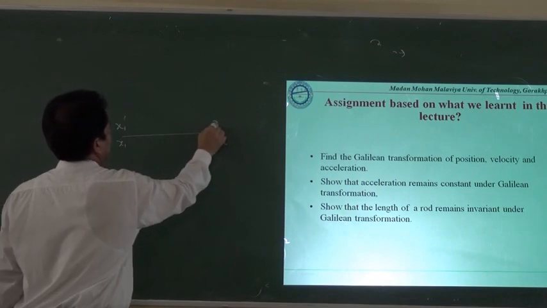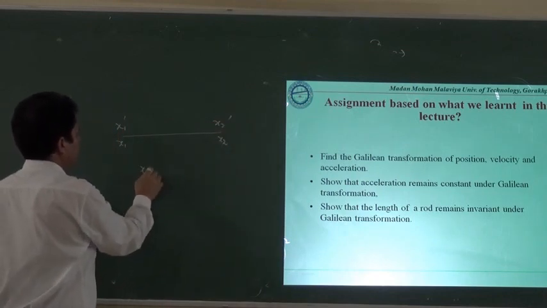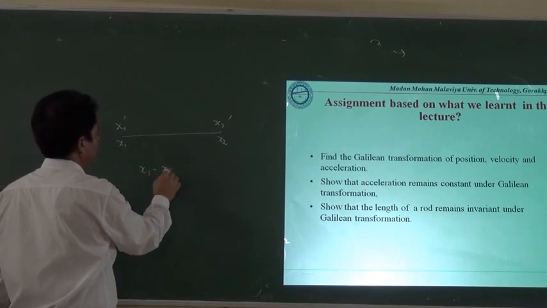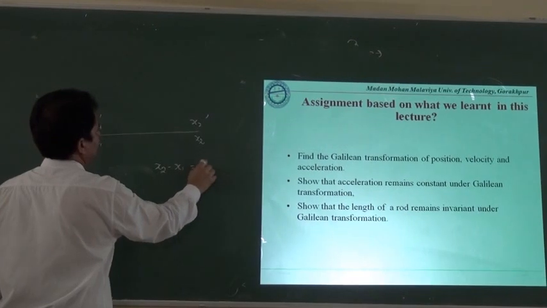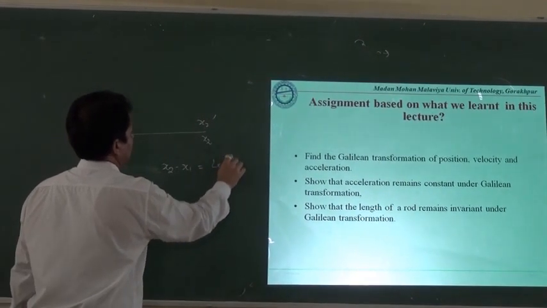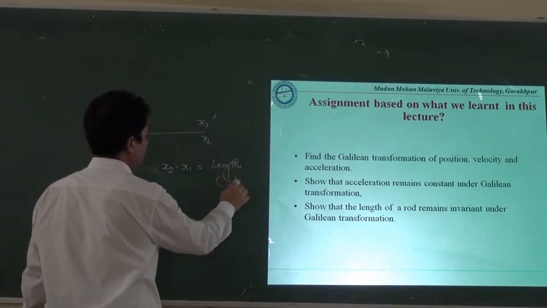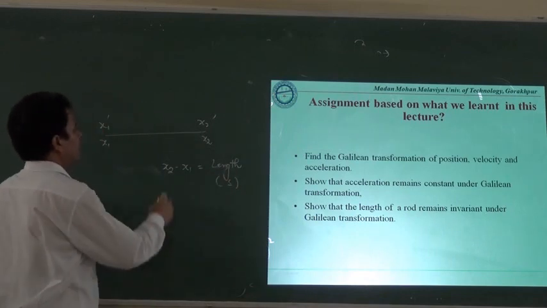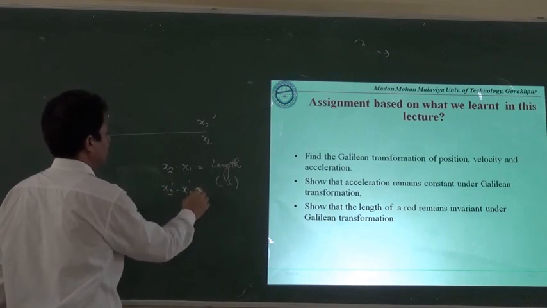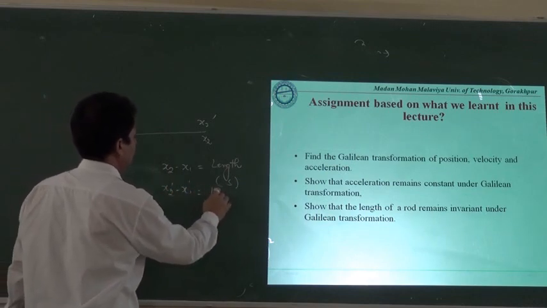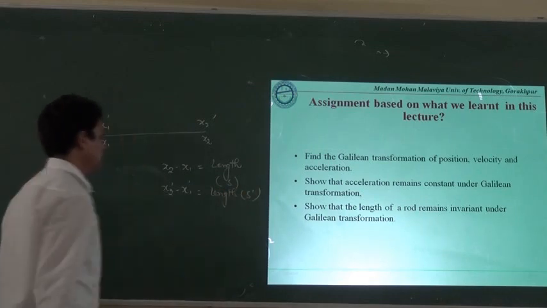So x2 minus x1 is the length of the rod observed in the S frame of reference, and x2 dash minus x1 dash is the length of the rod observed by the observer in S dash.